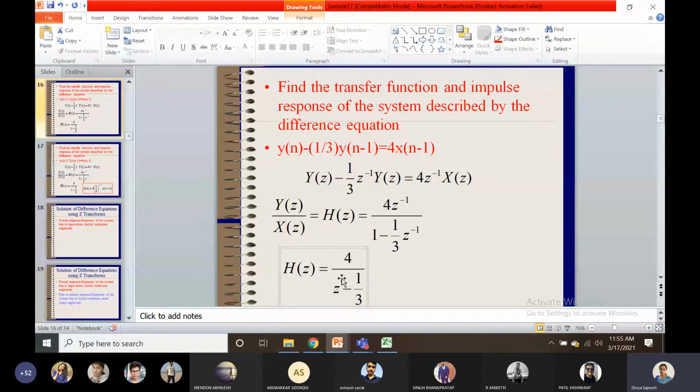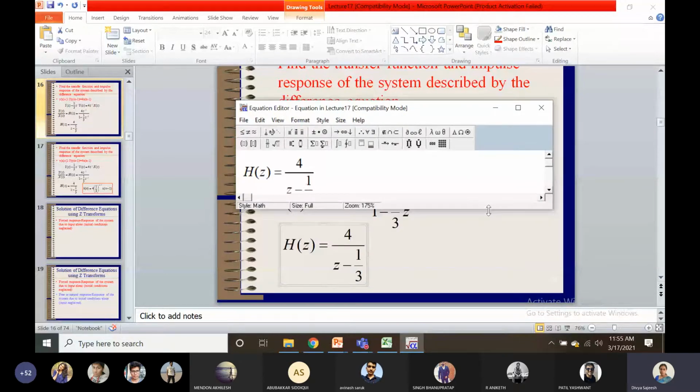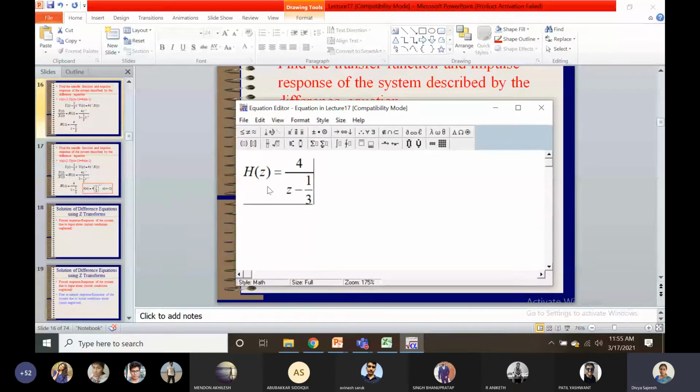All of you understood what you will do here. You have to get it into the form z upon z minus a. So here you will divide and multiply by z, so in effect it is the same.